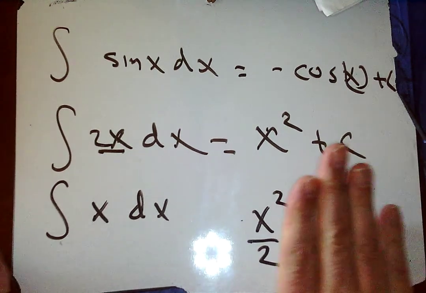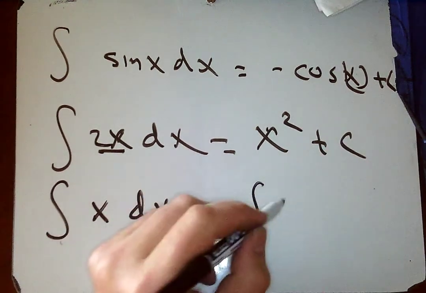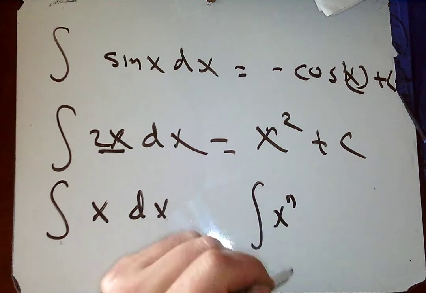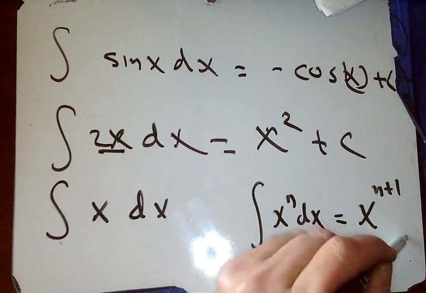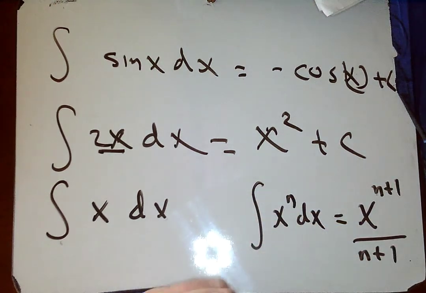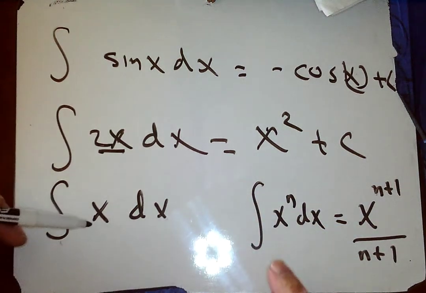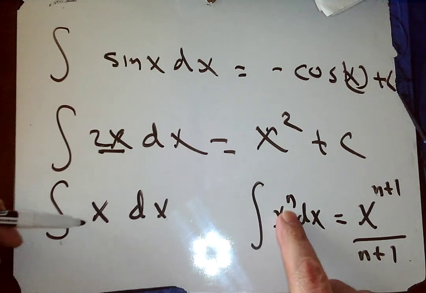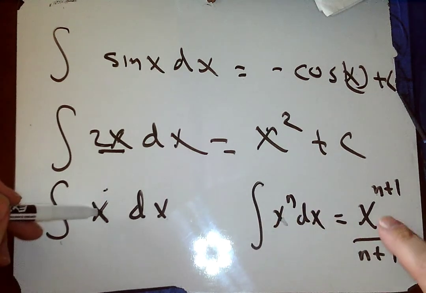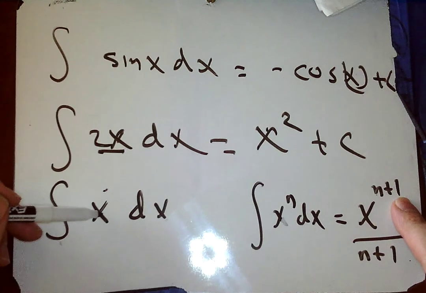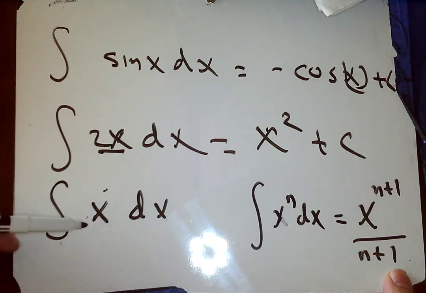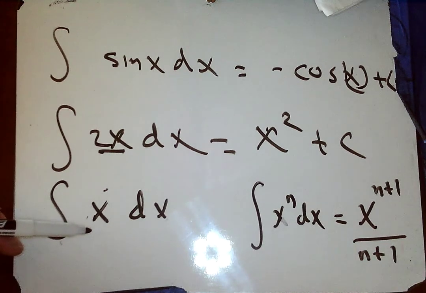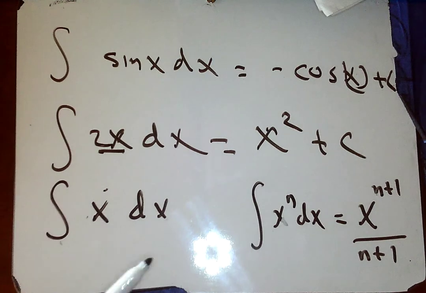Now, for a power rule, we could say the integral of x to the n dx is x to the n plus 1 over n plus 1. That's what we just did, right? We had x to the first, so we put x to the first plus 1, which is x to the second, over 1 plus 1, or 2. So you can use that with power functions.